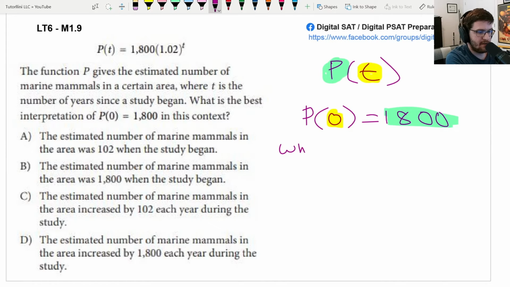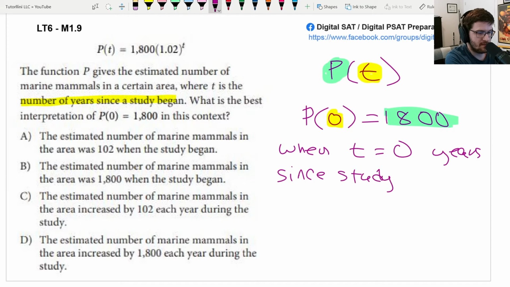When t equals 0, let's see what t is based on the question. t is the number of years since the study began. Okay, 0 years since the study began, or in other words, when the study started, p is equal to 1800.